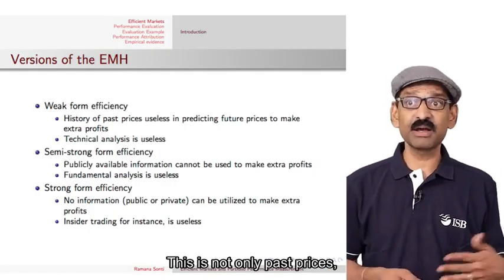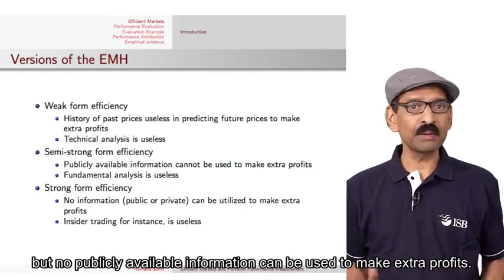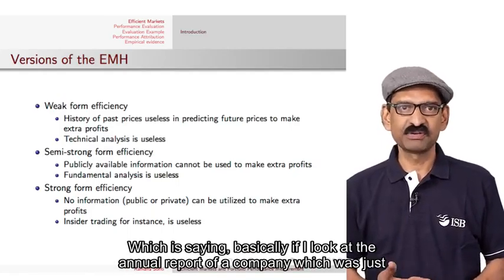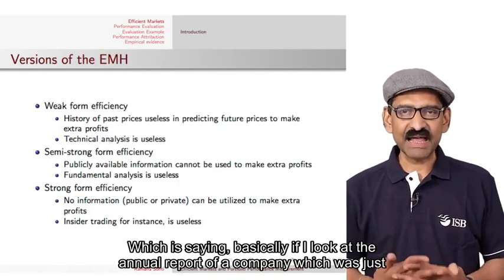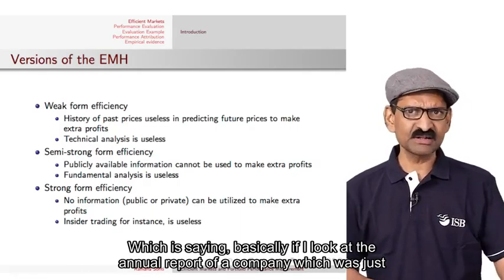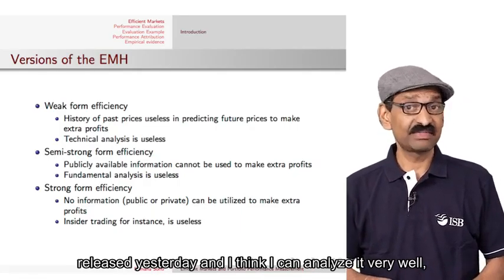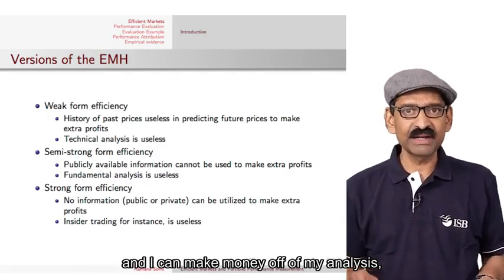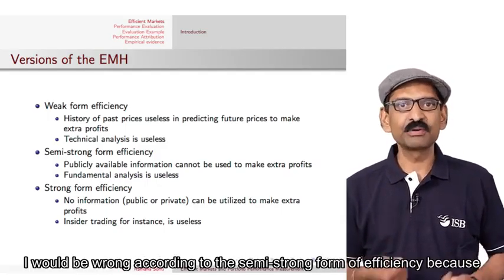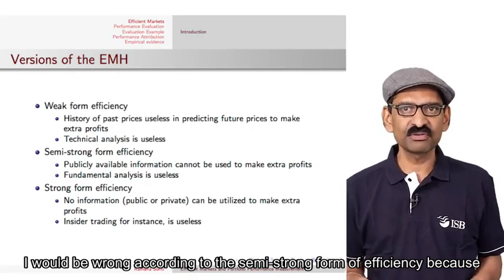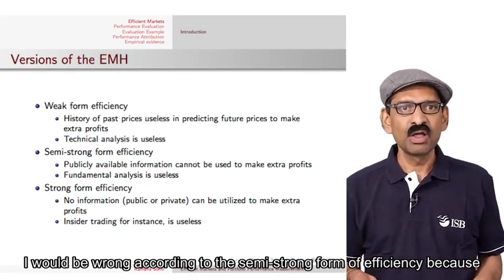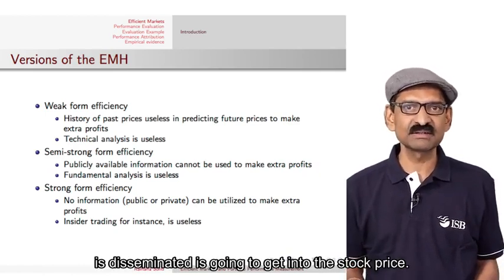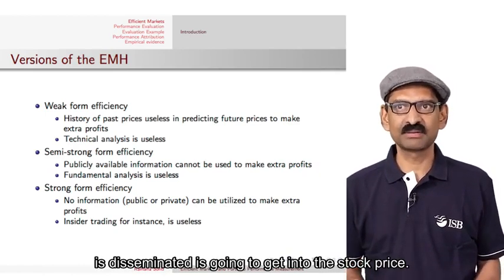This says not only past prices, but no publicly available information can be used to make extra profits. Basically, if I look at the annual report of a company which was just released yesterday, and I think I can analyze it very well and make money off of my analysis, I would be wrong according to the semi-strong form of efficiency, because all publicly available information, as soon as it is disseminated, is going to get into the stock price, right?